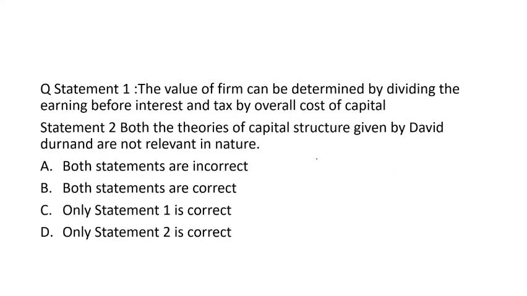David Durand has given two theories. One is the net operating income, which is irrelevant, and net income which is relevant. Both theories given by David Durand are not irrelevant. One is relevant, another is irrelevant. So this statement will be totally incorrect.